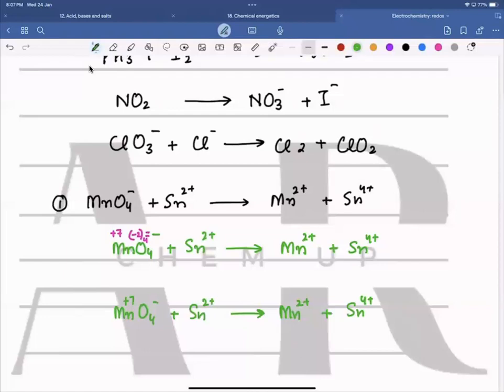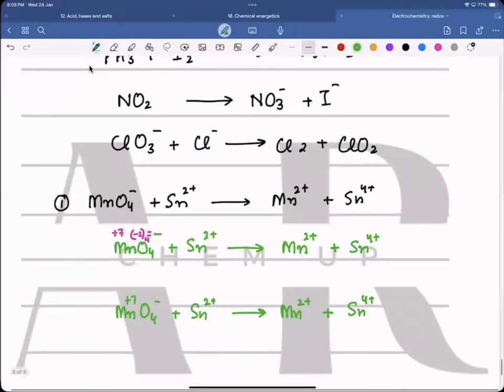Sir, we need to calculate the change in oxidation number. Yeah, we have to identify the change in oxidation number.